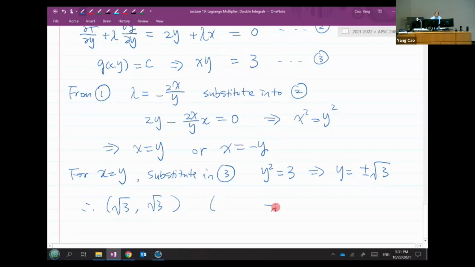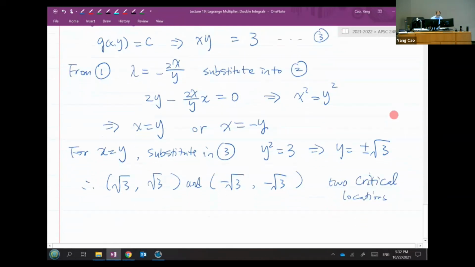When y is negative root 3, your x is negative root 3. So you get two critical locations. All right, that's the result based on x equal to y.